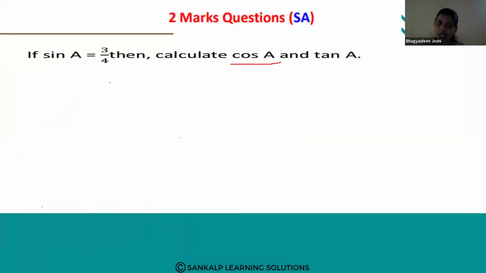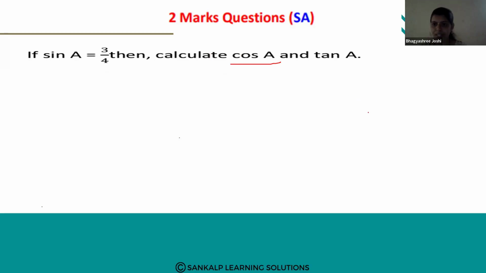Only one ratio they will give, and we have to find the other ratios. So sometimes they give sin A is equal to one value, and ask to calculate the other trigonometric ratios.